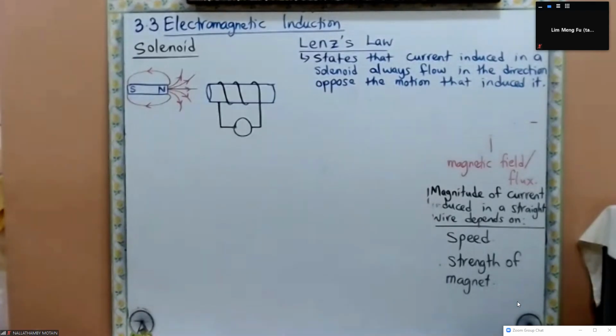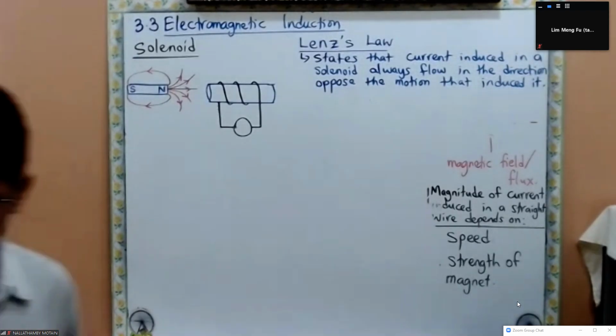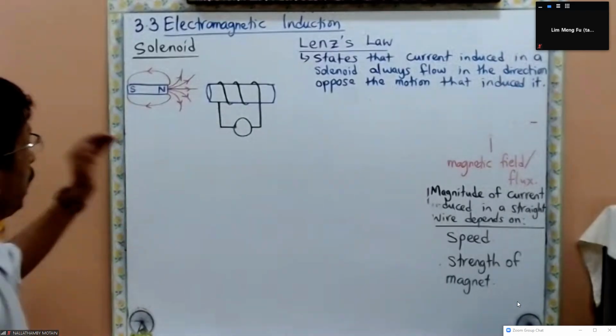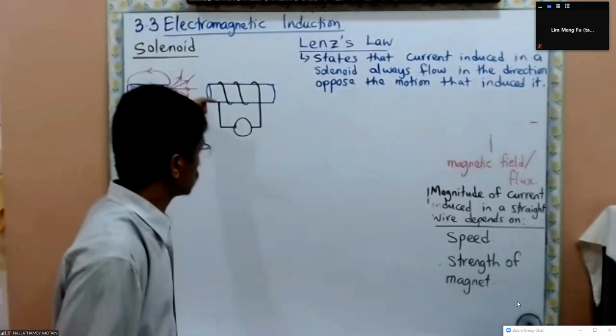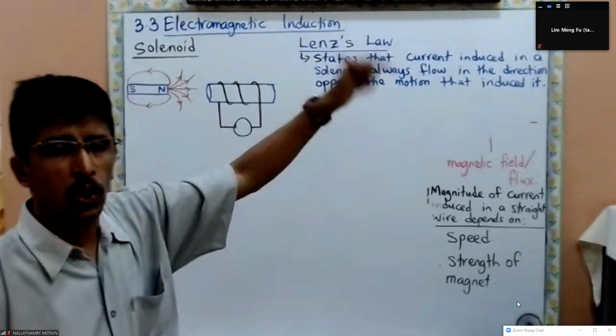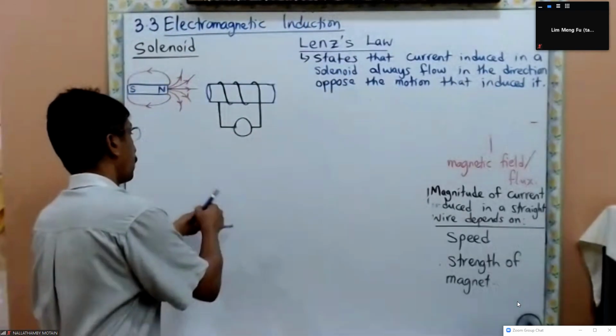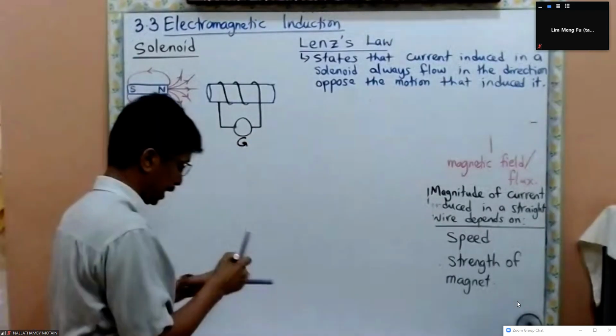Looks like a bit confusing, eh? A bit confusing. I repeat, Lenz's law states that current induced in a solenoid always flow in the direction oppose the motion that induce it. Oppose.